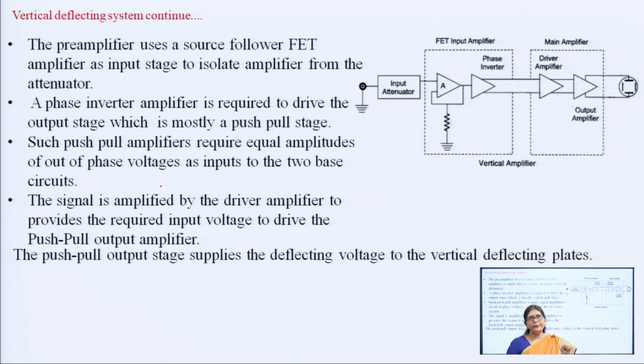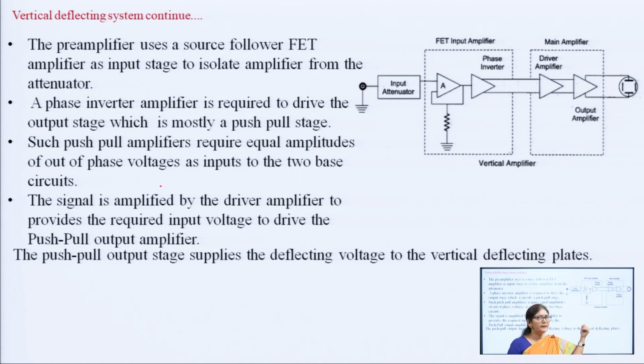Here it is made up of a cathode source follower FET circuit, and this is an op-amp with positive feedback, so it acts as a buffer circuit. Since the output of this is fed to the push-pull amplifier, the output amplifier is a push-pull amplifier. For a push-pull amplifier we need two signals of the same amplitude but phase inverted. So a phase inverter circuit is there. The phase inverter circuit will produce two signals which are 180 degrees out of phase.